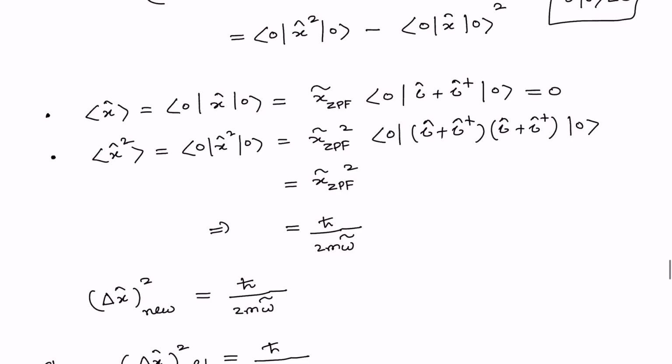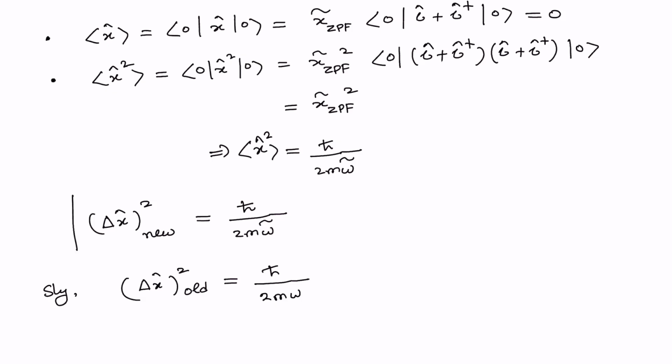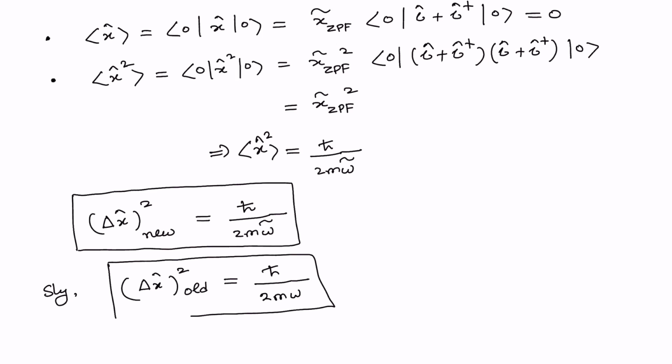So the variance of the new harmonic oscillator for the position is simply given by h cross by twice m omega tilde. Similarly, the variance of position for the old harmonic oscillator is going to be h cross divided by twice m omega.